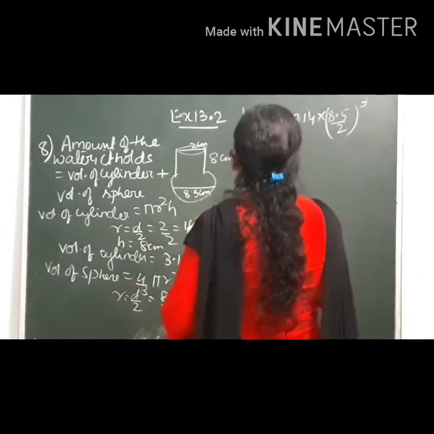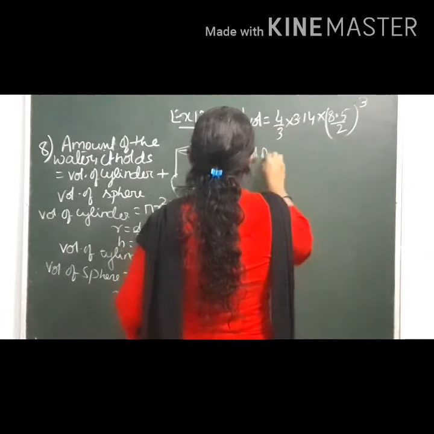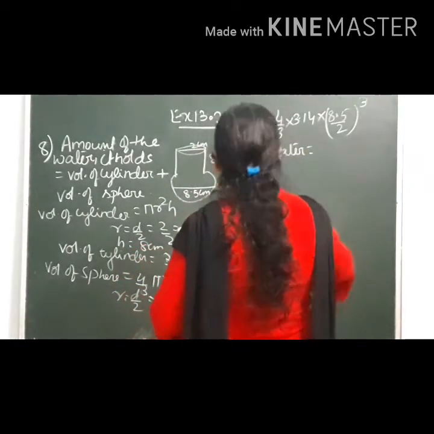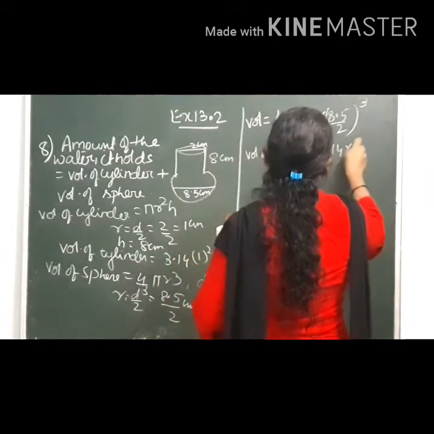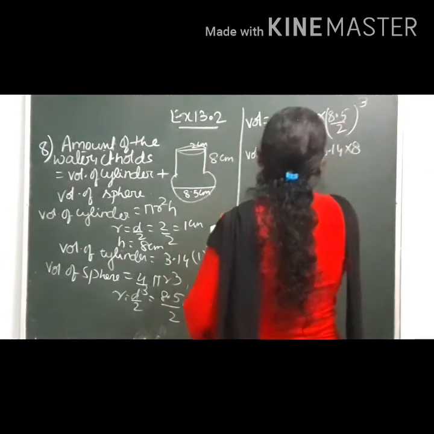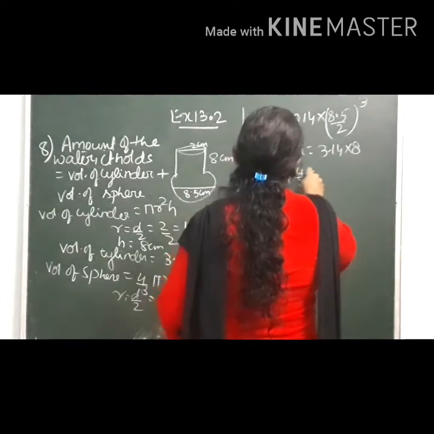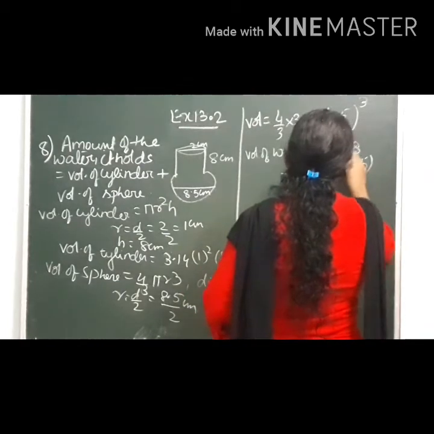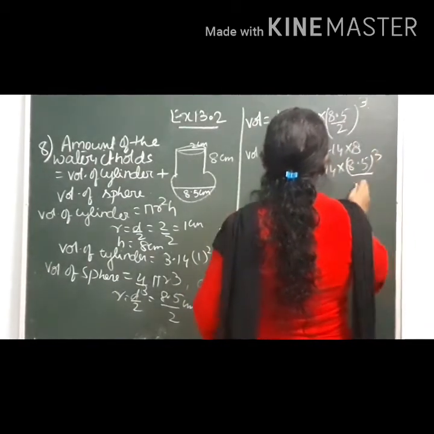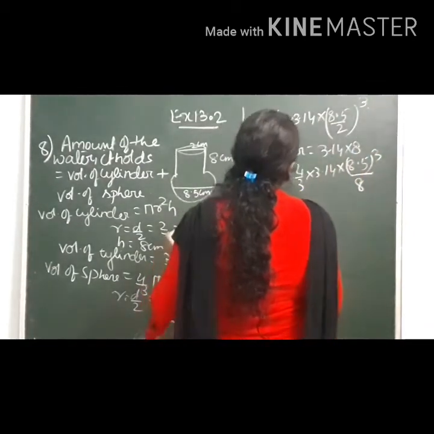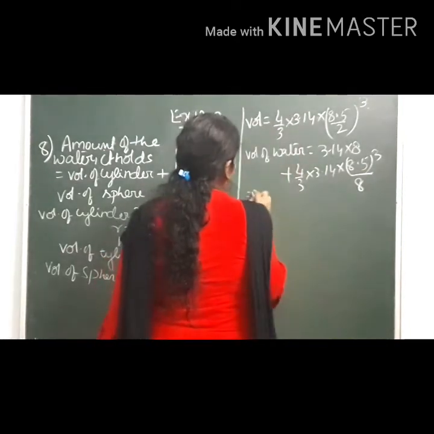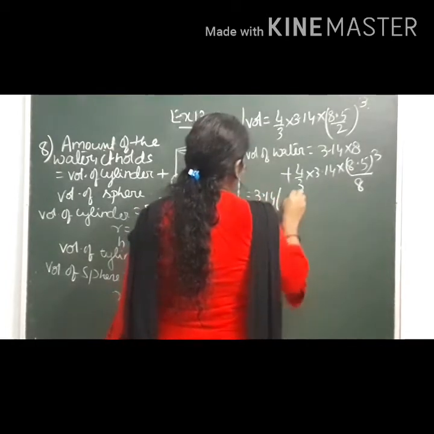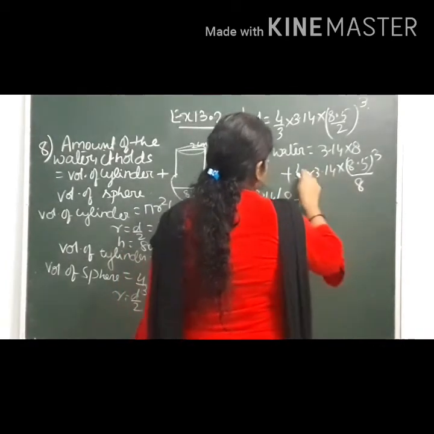So what volume of water does it hold here? Volume of water equals 3.14 into 8 plus 4 by 3 into 3.14 into 8.5 by 2 whole cube, that is 8. Here we take 3.14 as common. What is left over? 8 plus, and the 2 and 4 cancel to give 2.